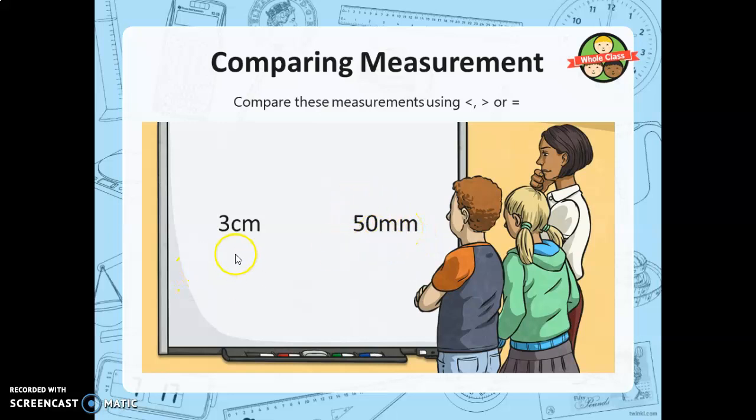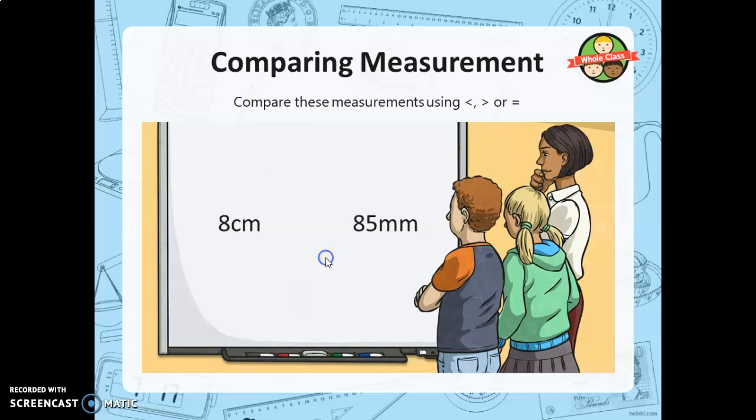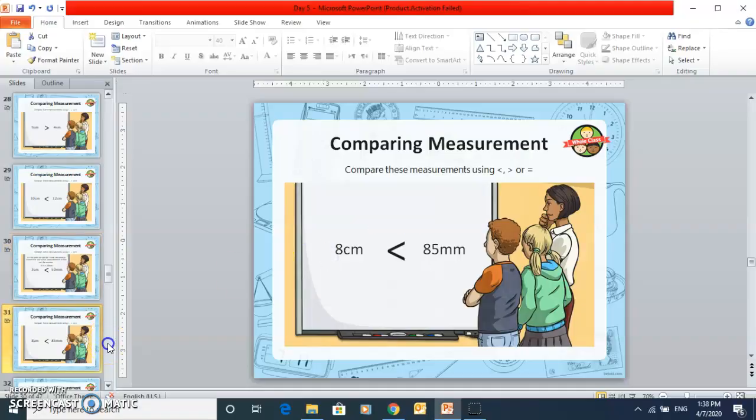So you'd either change the 3 centimeters to millimeters, or change 50 millimeters to centimeters. Whatever you find easier. I would change centimeters to millimeters. So I would just multiply 3 by 10 and then compare them. So is 30 millimeters larger or 50 millimeters larger? There you go. You would have many other examples to go through.